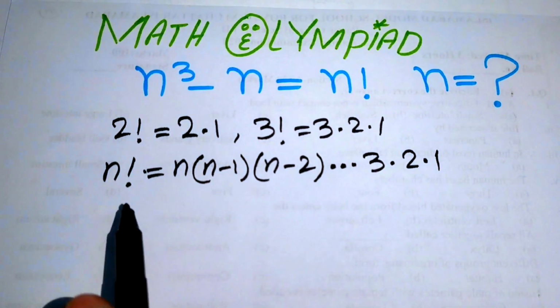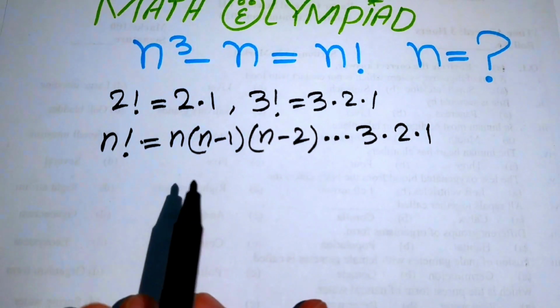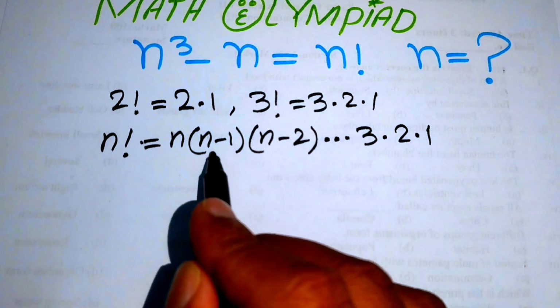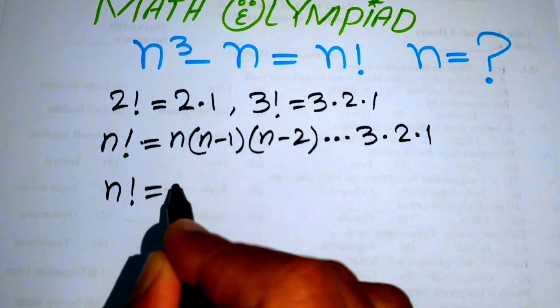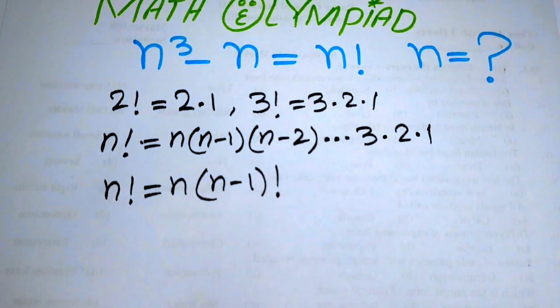So we extend the n factorial in this way, and in the next step, if we break the n factorial up to the n minus 1 term, then we write this n factorial as n times n minus 1 factorial.